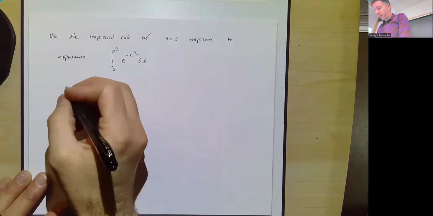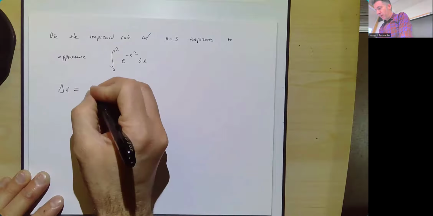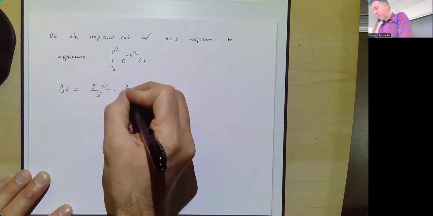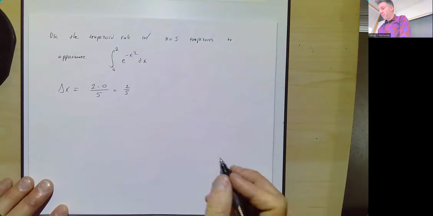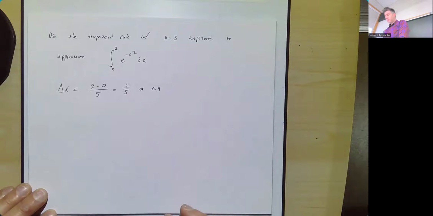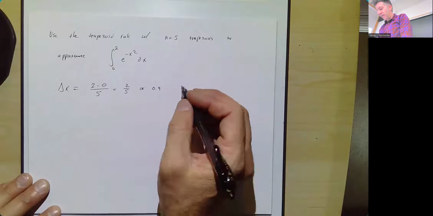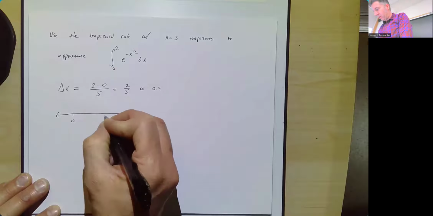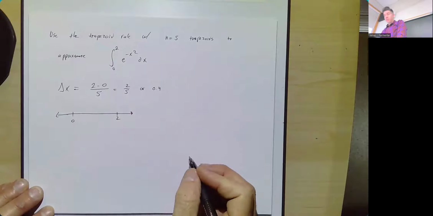So we're going to find our delta x, which is b minus a over n, which is 2/5. Or if you prefer, you could say it's 0.4. If I was doing this, I would write it out on a little number line. So I would go 0 to 2, and I'm breaking that up into 5 sections.